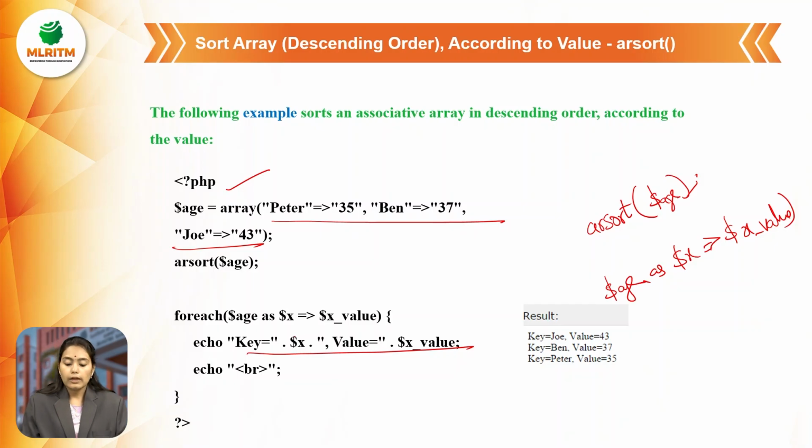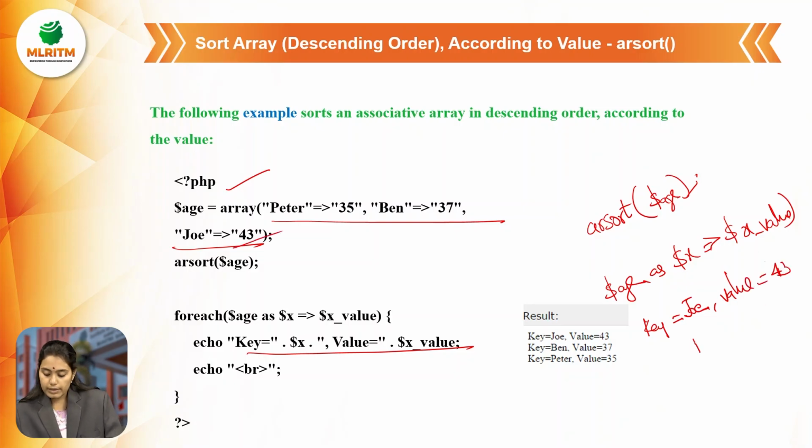Key equal to $x, and the value. So first how will it come? It is descending order. Descending order means big to small. So key will be Joy, value, what is the biggest one? 43. Like that, Ben's value 37 and Peter's value 35.